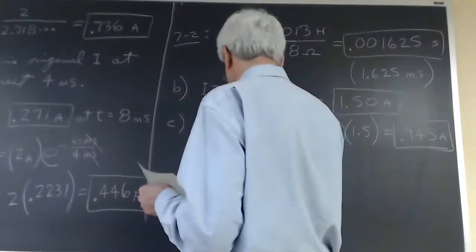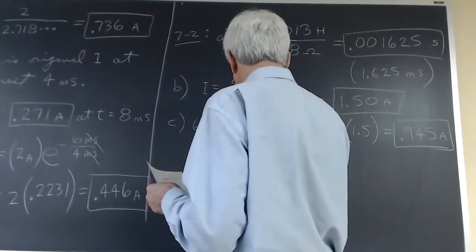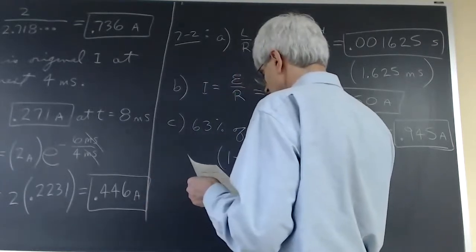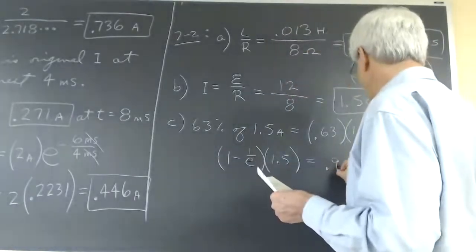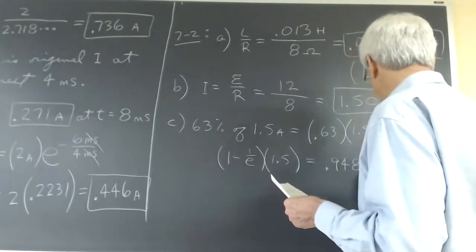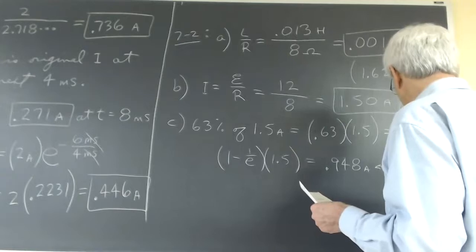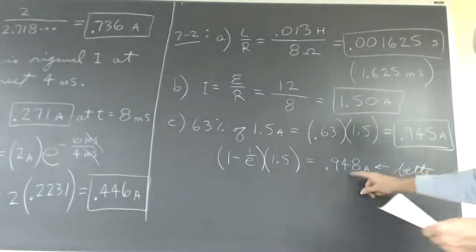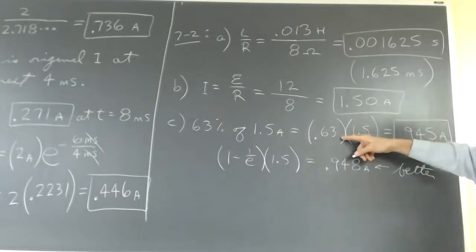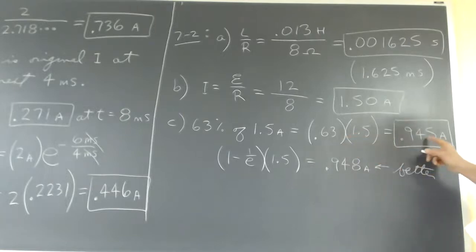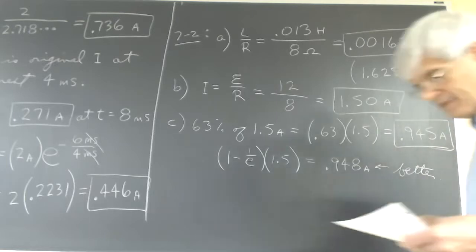If you really want to do it nice and accurately, it's actually 0.948 of an amp, because you see, it's not exactly 63%. It just rounds off to 63 for the nearest whole number. So that makes a little bit of difference, but not very much. Like I said earlier, if you gave me this on a test, I'd call it close enough, give you full credit.